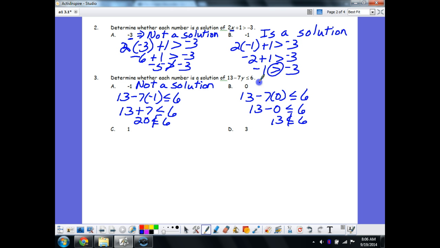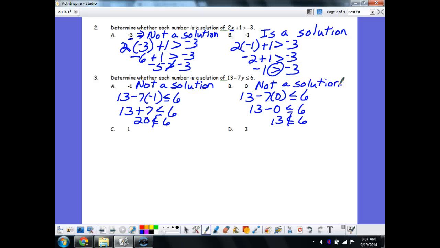So 0 is also not a solution because it doesn't make it true. And that was basically what happened last unit with equations also, that if a value made the equation true, it was a solution. If it didn't, it was not a solution.